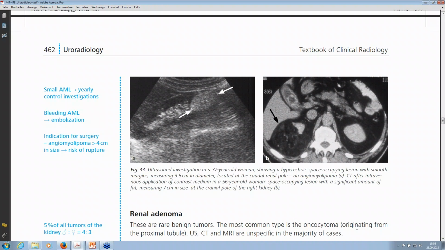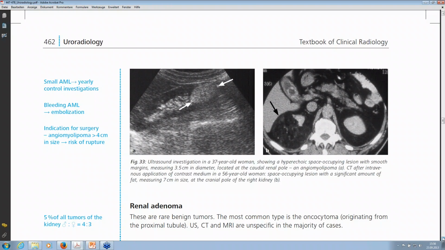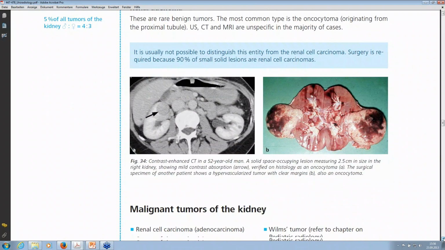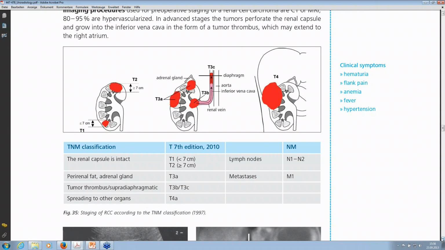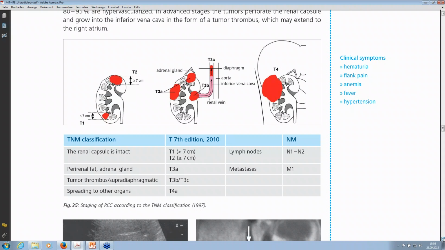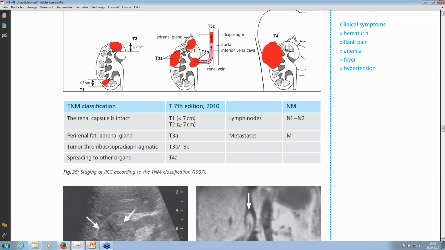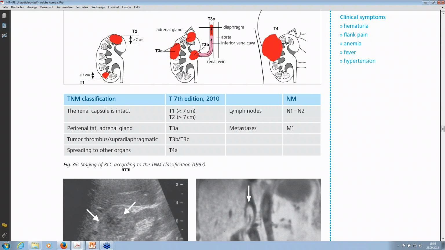And here we can see proof of fat in a CT image, which is shown as a hypodense area. Very important if you have a malignant renal tumor, as we just have seen, you see our tumor here, the lower margin of the image, is to have an orientation whether this tumor is crossing the capsule and invades the periphery.